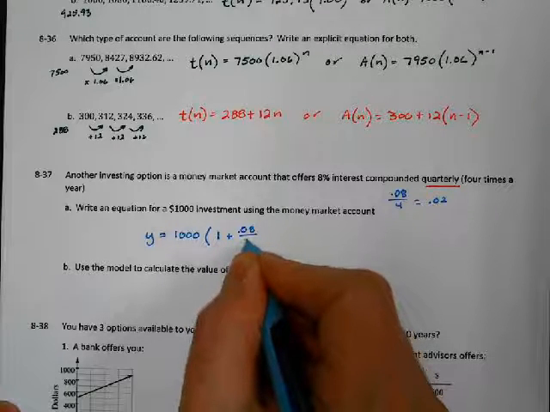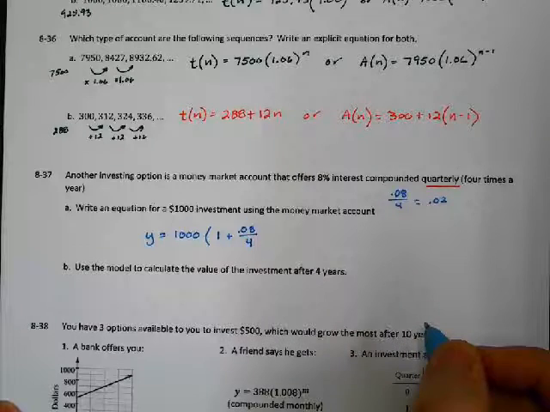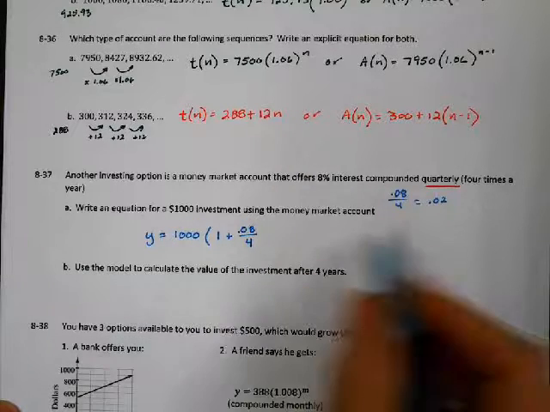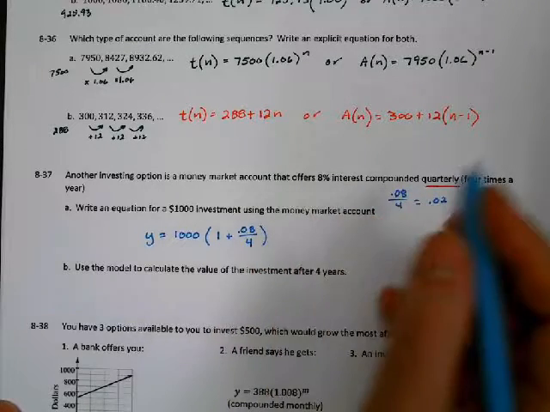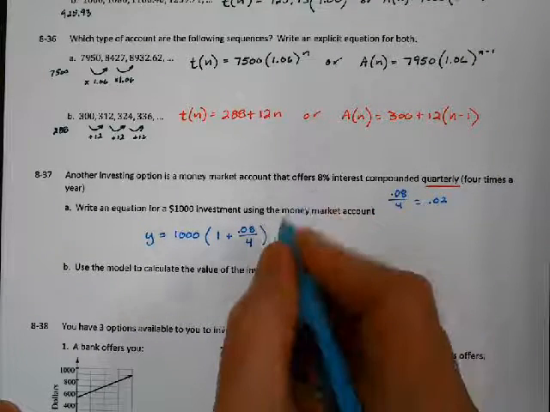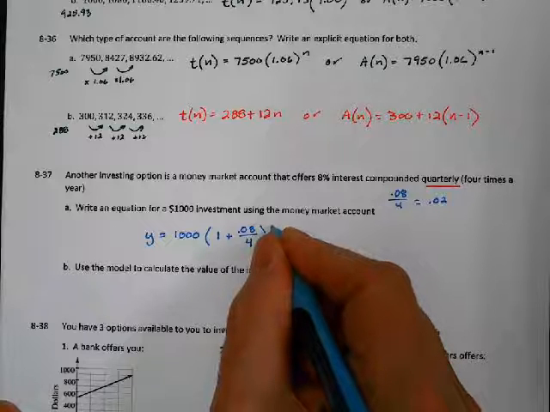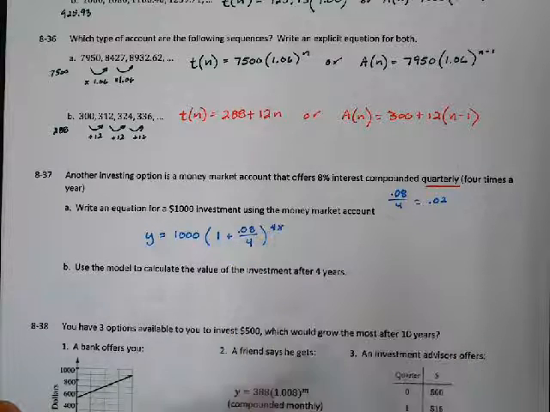So that's where I'm going to get this 2% from. And then we're going to take our number of years and multiply it by 4, because now each year has 4 time periods in it to compound.